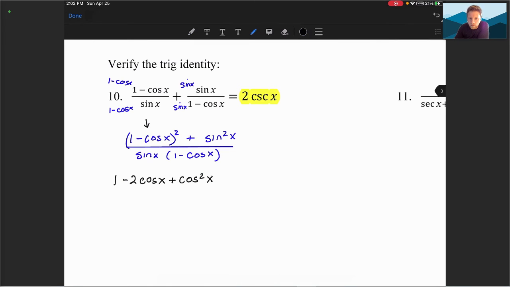So this will be that first expression squared out. And again, we'll have a plus sine squared x to boot on the end, divided by that same denominator of sine of x, and then 1 minus cosine of x.